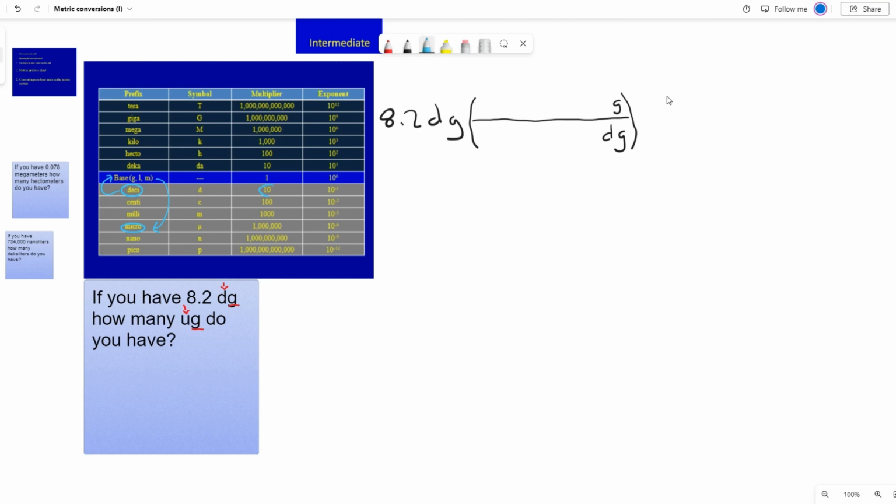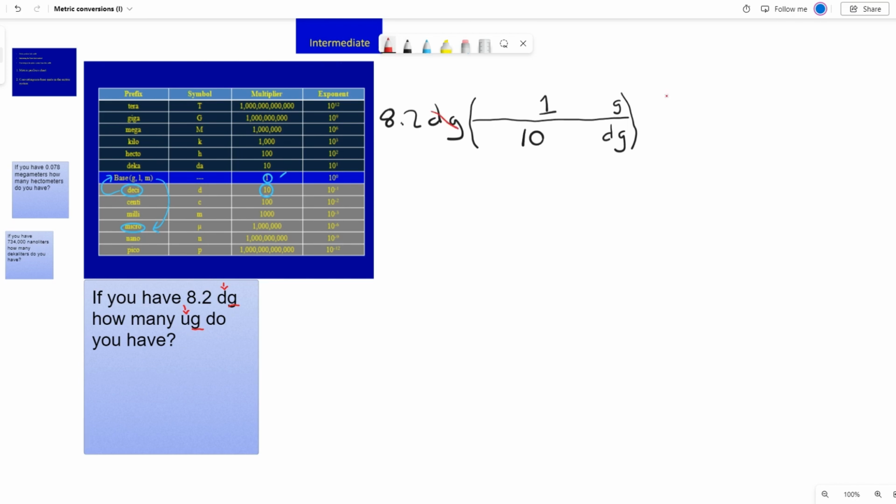So decigrams are related to the gram by a factor of 10. Well, you have to ask yourself, which one is the big one? Well, the one that's higher up on the scale is the base unit. So the gram is the larger one, that's the big one, so you put a 1 there. The decigram, how many times smaller is it than the base unit? 10. So we put the 10 down here.